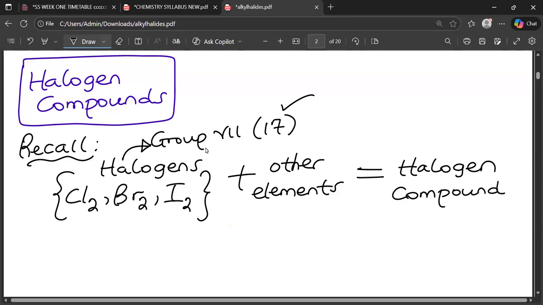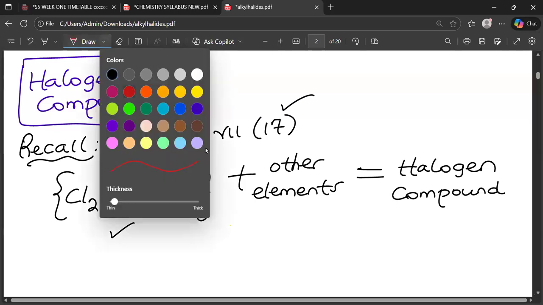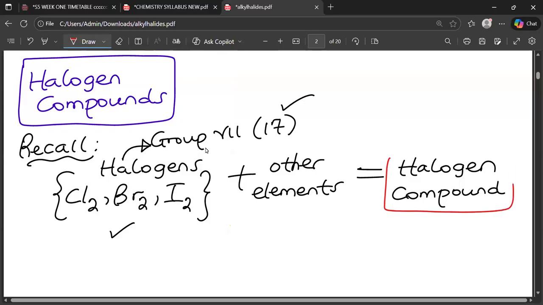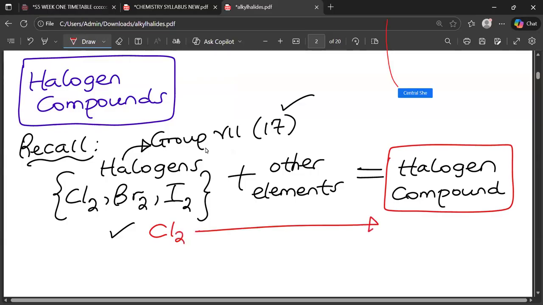After these halogens combine with other elements, what they form is what we call the halogen compounds. And you need to know if it is Cl, the halogen compound we form is what they call a chloride.